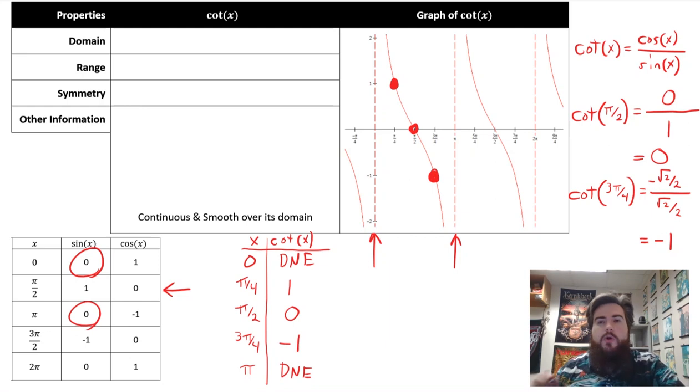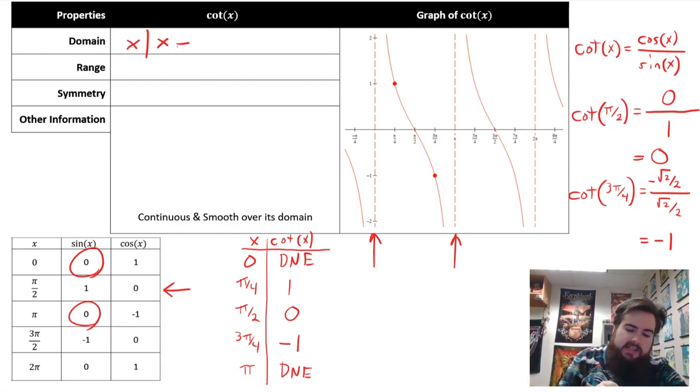The domain of cotangent, therefore, is not going to be the same as the domain for tangent, which was such that x is not equal to pi halves plus pi k, because the asymptotes are at different locations. The asymptotes here are at 0, pi, 2 pi, 3 pi, which means that x cannot equal a multiple of pi, such that k is an integer.